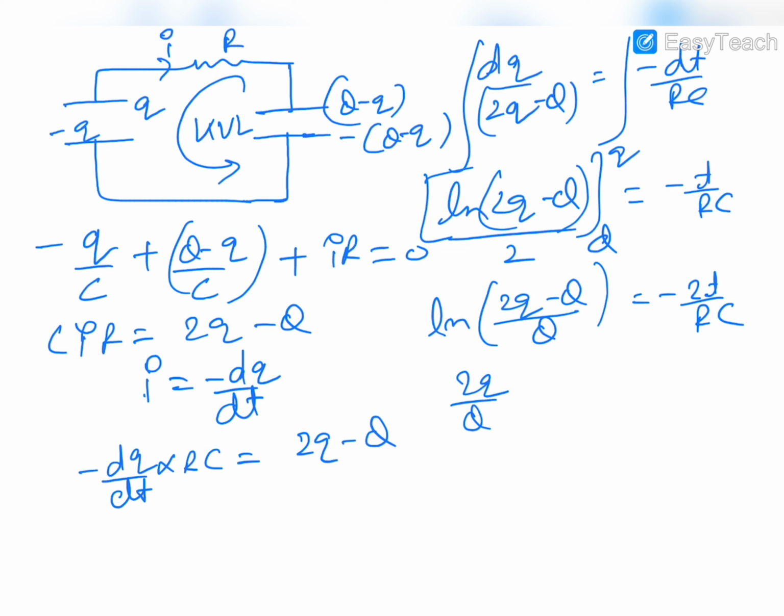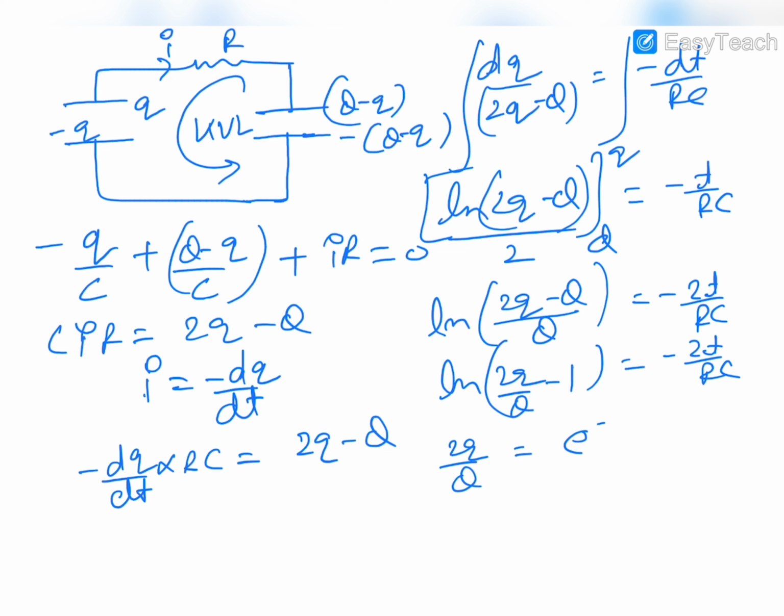Let us first of all divide it. So ln of 2q by Q minus 1 is equal to minus 2t by RC, and 2q by Q is equal to e to the power minus 2t by RC plus 1, and q will be equal to Q by 2, 1 plus e to the power minus 2t by RC.